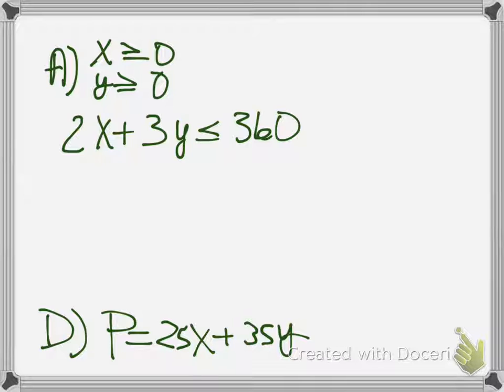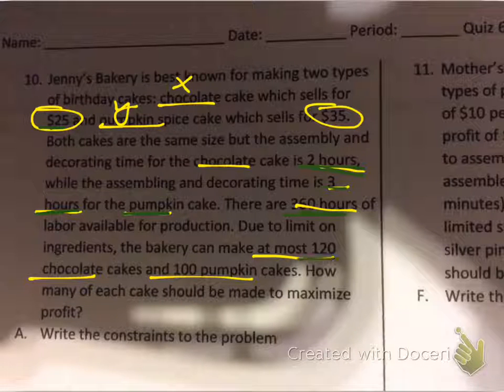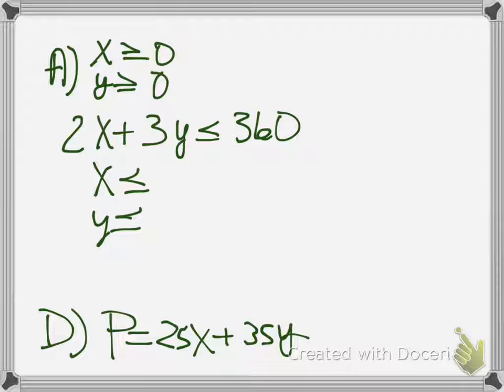Hours, hours, hours. Now on the test, you will have 2 more equations that will have X and Y less than something. The X is less than 120, and the Y, which is pumpkin, is less than 100. So there's your constraints.